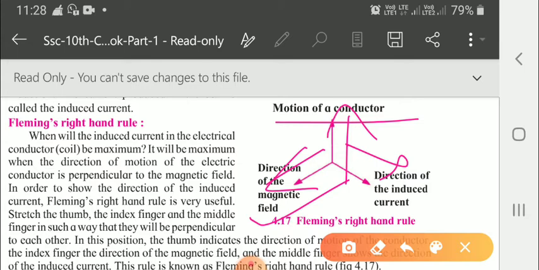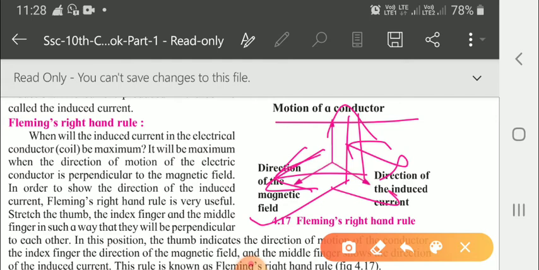So here we'll see when the direction of motion of the electric conductor is perpendicular to the magnetic field. You can see here this is the electric conductor and the direction of magnetic field is perpendicular to it. Then, to show the direction of induced current, Fleming's right hand rule is very useful to us.